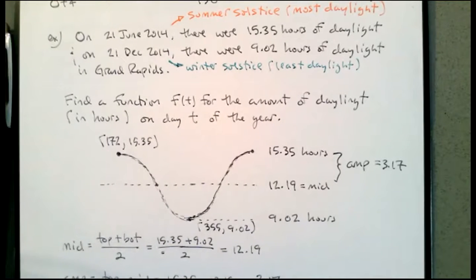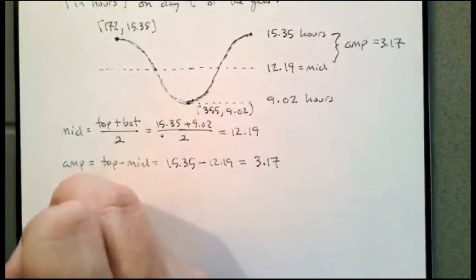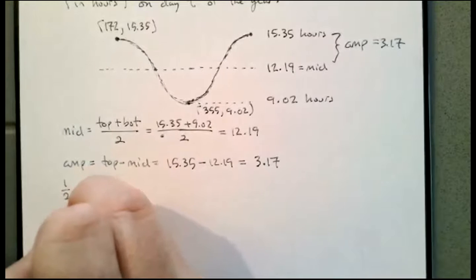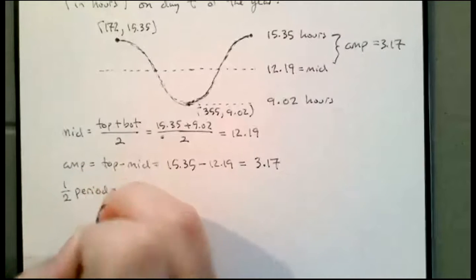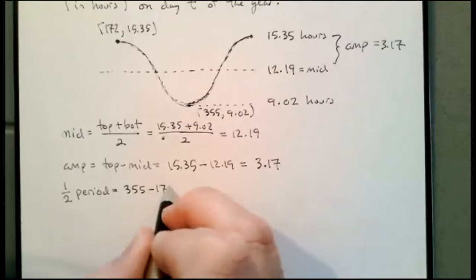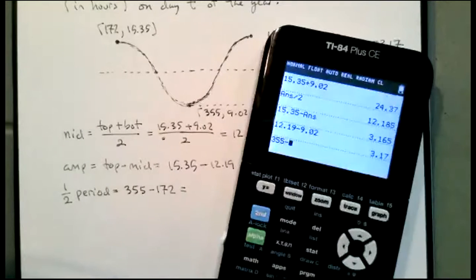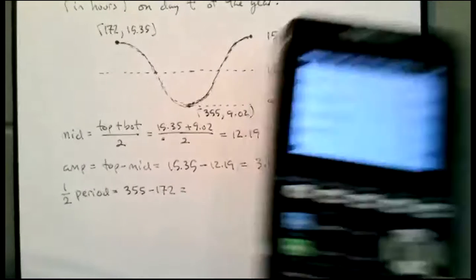So the number of days from the highest high point to the low point is 355 minus 172, and that's going to be half of a period. So half the period is just going to be the difference between 355 and 172, so 183.